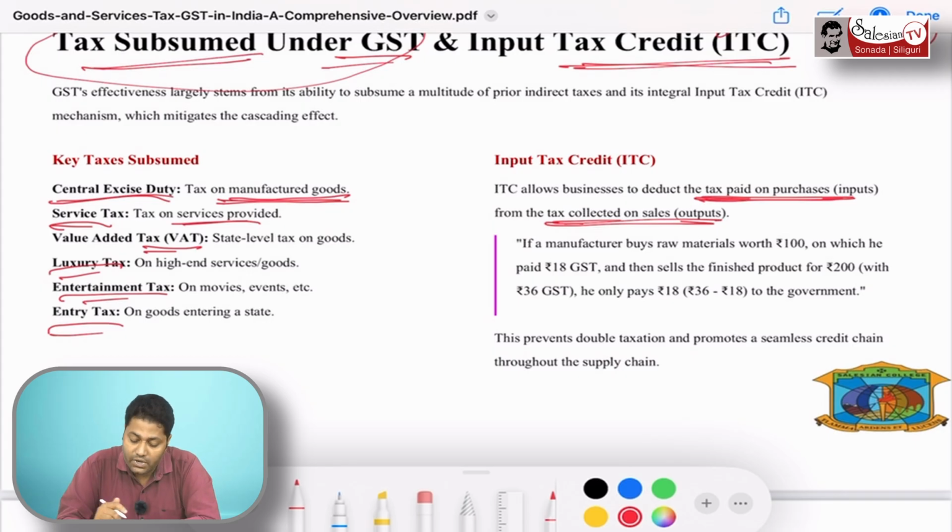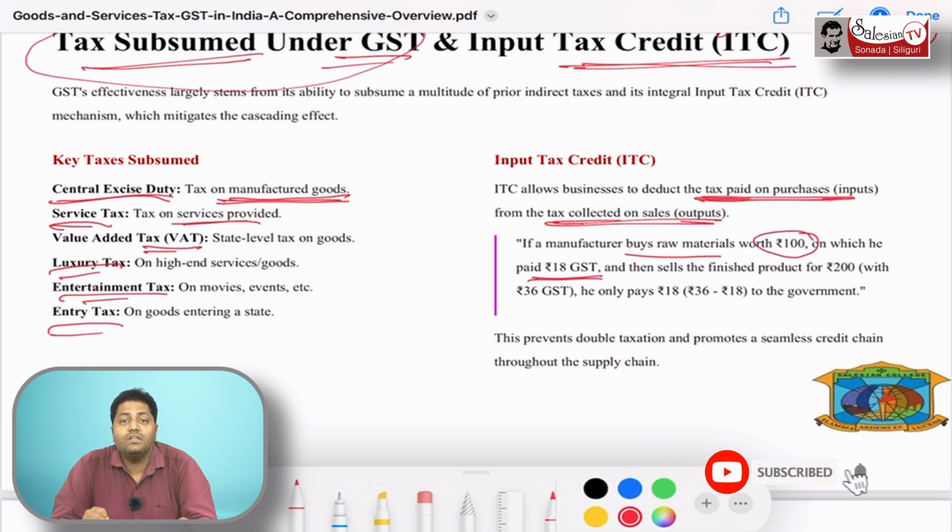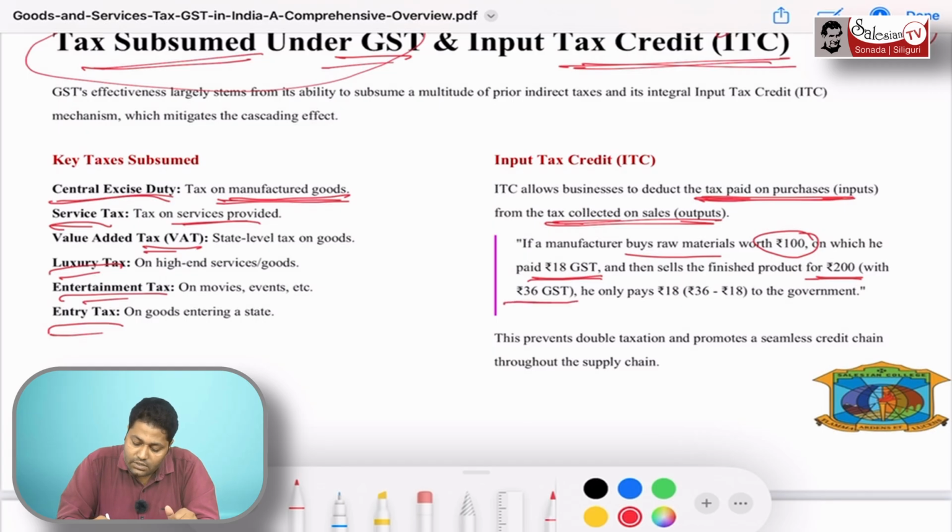Now, let's take an example. A manufacturer buys raw material worth rupees 100, on which he paid 18% GST, that is rupees 18, and then sells the finished good at rupees 200, that means with 36 rupees GST. Now, how much is he paying? He is paying 18 rupees.